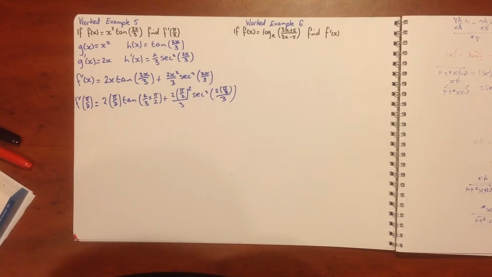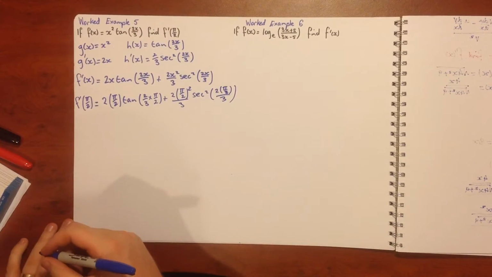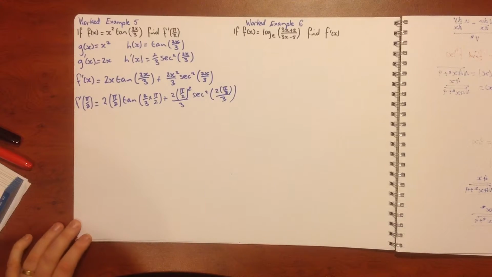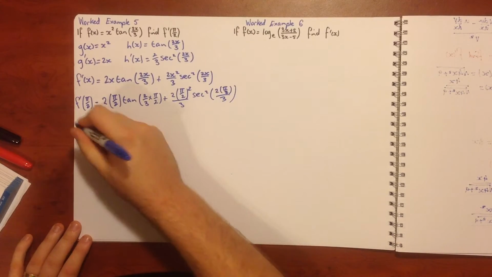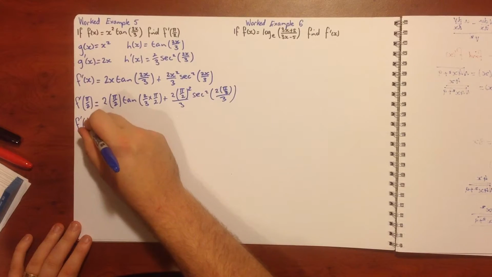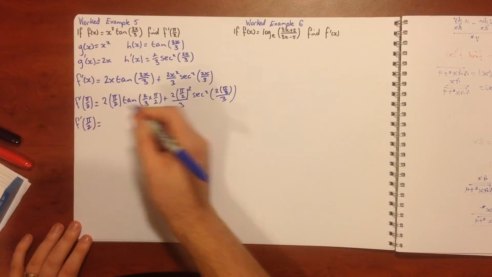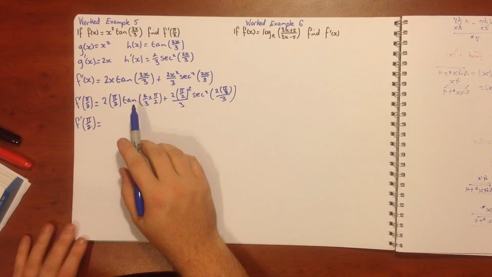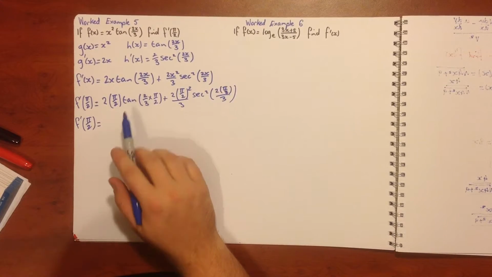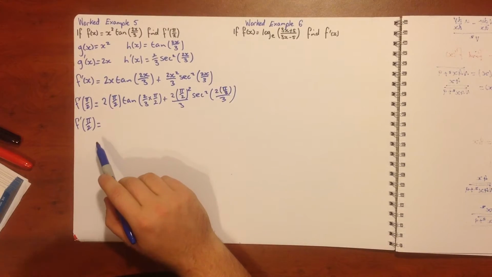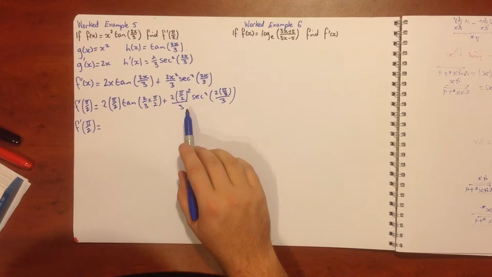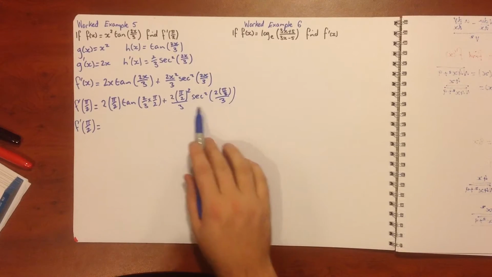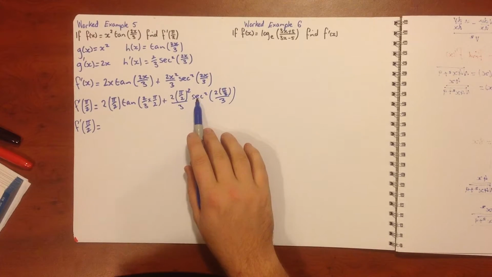When we start working through that, just looking at this f dash of pi on 2, let me have a quick look to see what we get for some of these. As I said, it's really not very nice. The way you need to think about this is sec squared as 1 on cos squared.